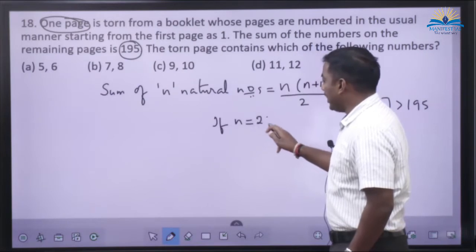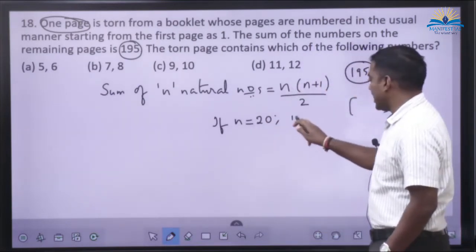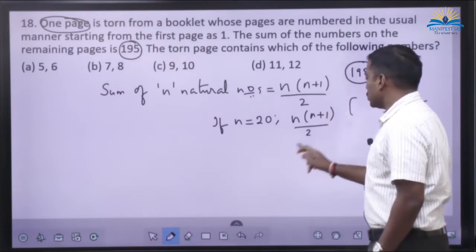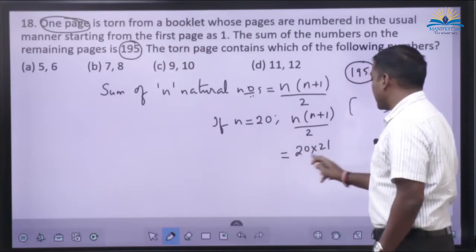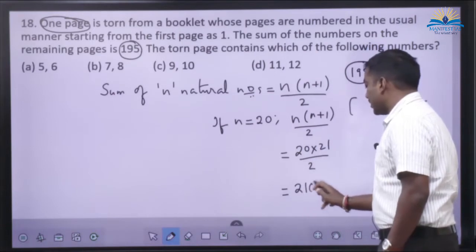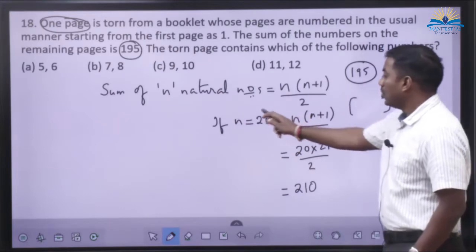If n is equal to 20, this sum, that is n into n plus 1 by 2, is equal to 20 into 21 divided by 2, that is 210. Now, what is n? n is equal to 20.